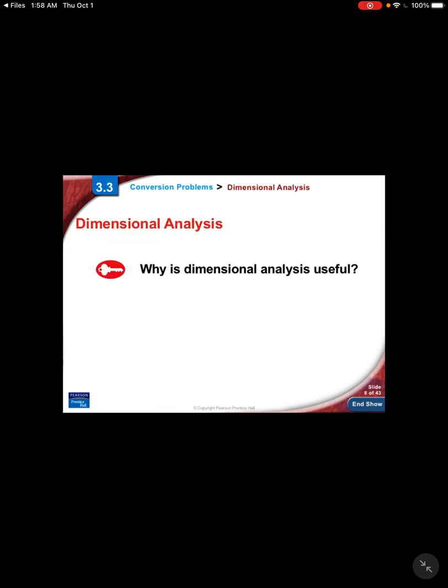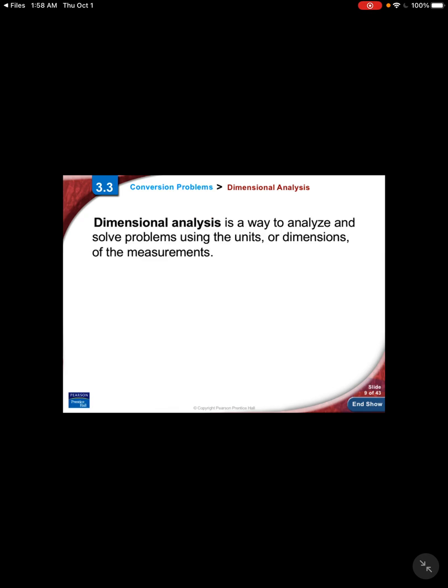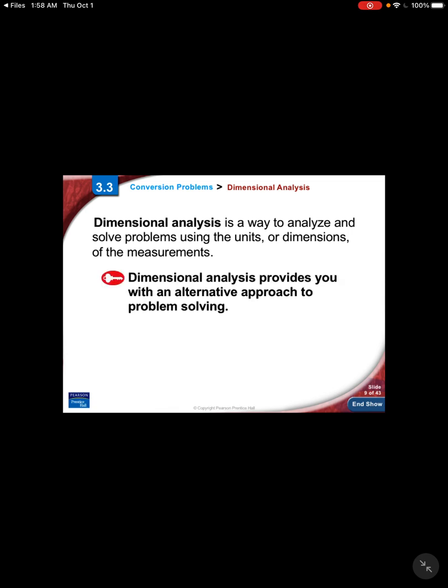So we need to do dimensional analysis, as it says, to analyze and solve problems and arrive at the units or dimensions that we want. And we're going to do something called dimensional analysis when we do our problem solving.